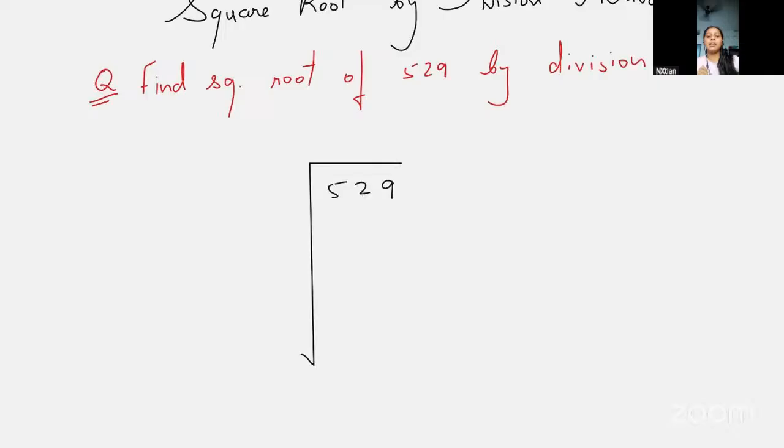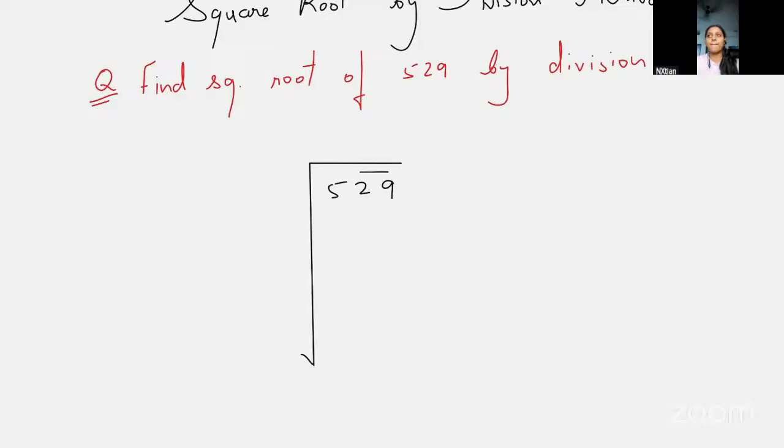Next, we will make pairs of two digits from the right-hand side. For example, I will make the pair 29, because we have to make two-digit pairs.